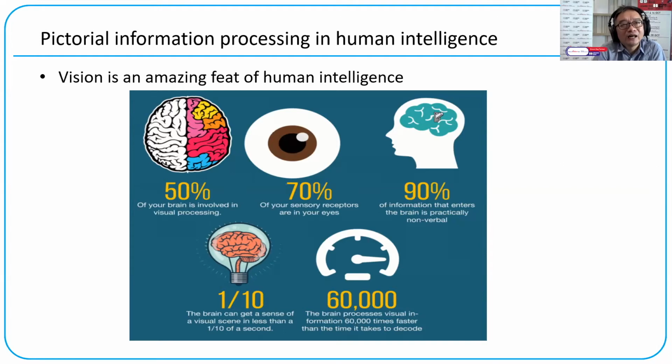In our human intelligence, vision is one of the main parts. Most of our 70% of neurons in our brain belong to the vision system. That is, 70% of our brain is devoted to processing the information seen from our eyes.